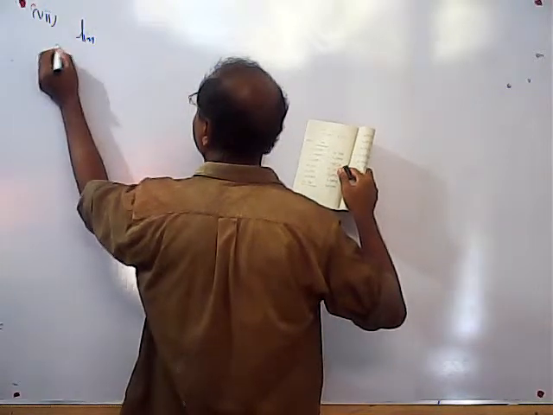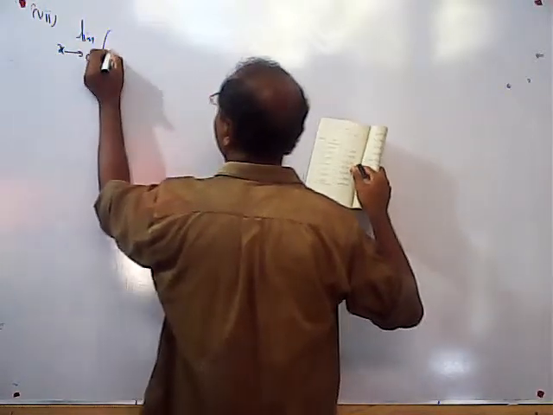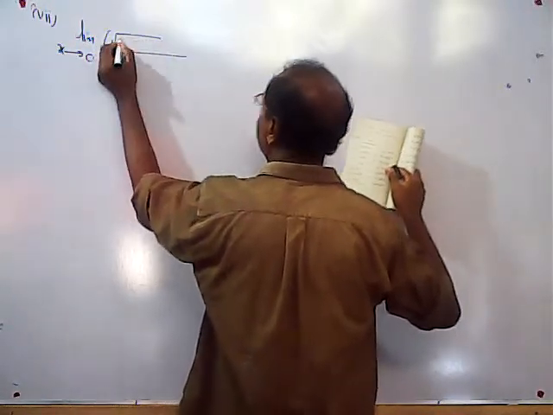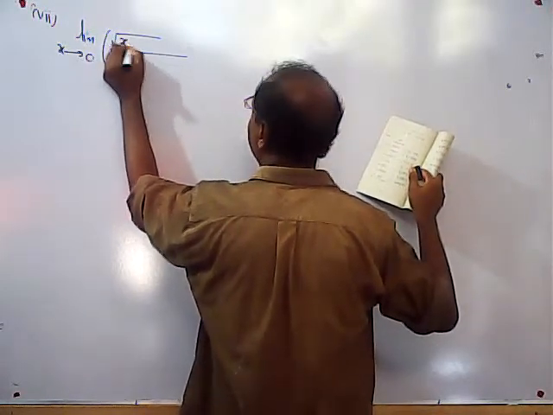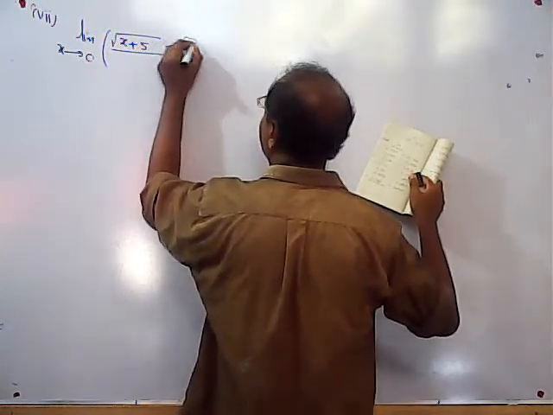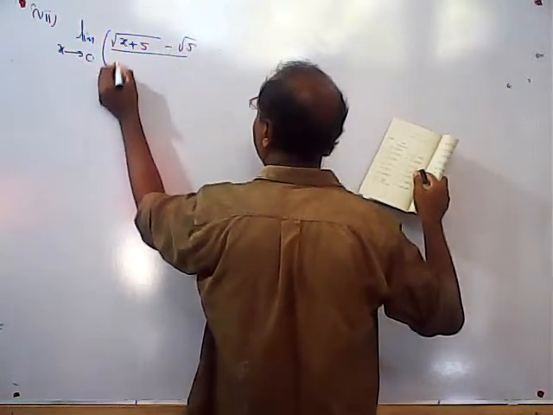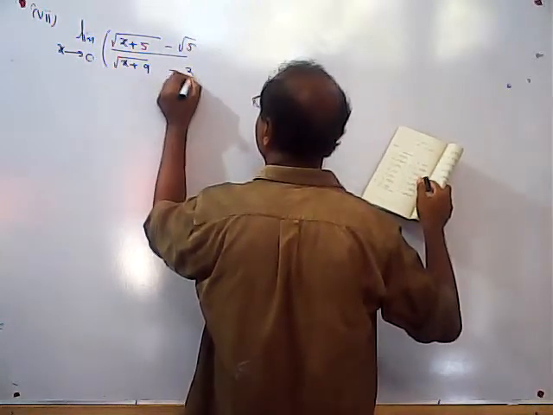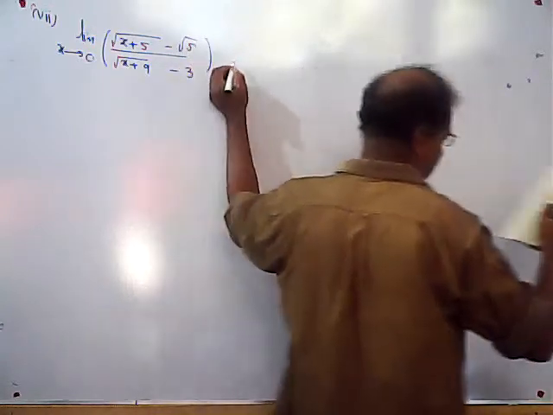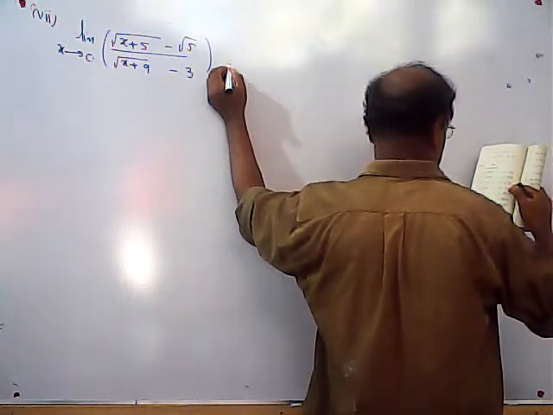Limit as x goes to 0 of root of x plus 5 minus root 5, divided by root of x plus 9 minus 3. That's x goes to 0.